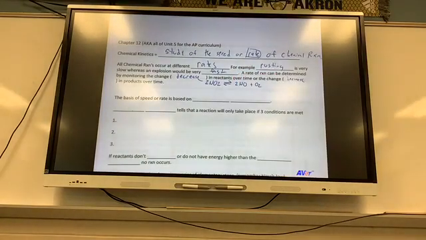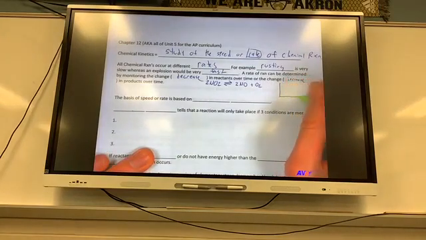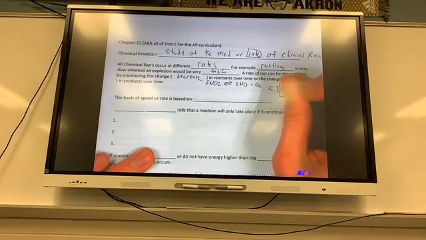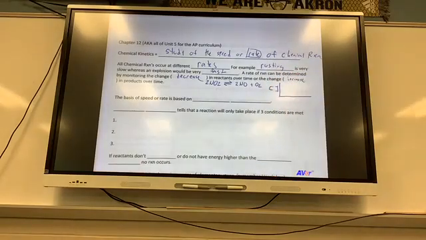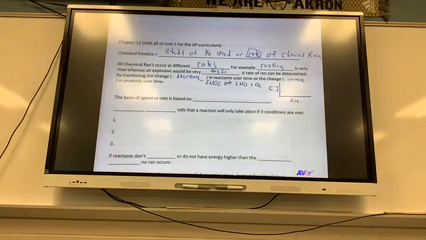If I was going to make a graphical picture of what this would look like with reactants and products, here's how it would look. So here's my graph. I'm going to have concentration on my Y, and I'm going to have time on my X. Concentration and time.